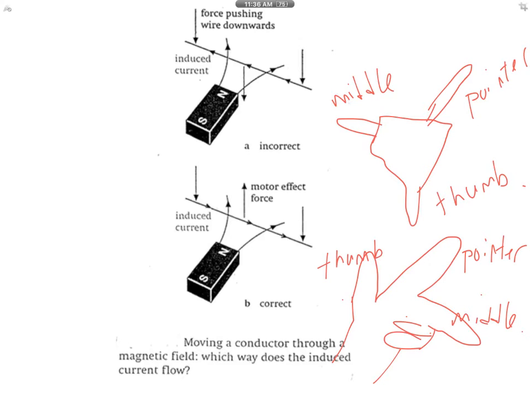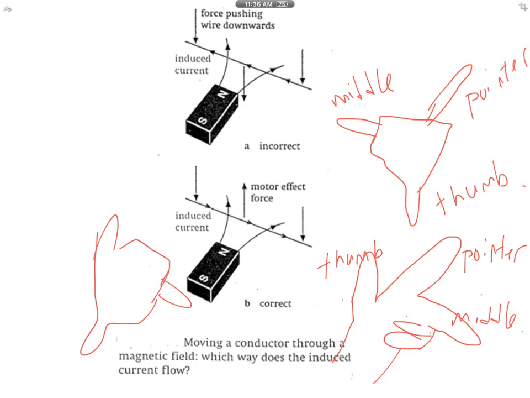I'm trying to draw. Only thing is, when I show out my right hand, I cannot wrap my left hand. So, try to imagine. This is my pointer finger. This is my middle finger. And this is my thumb.